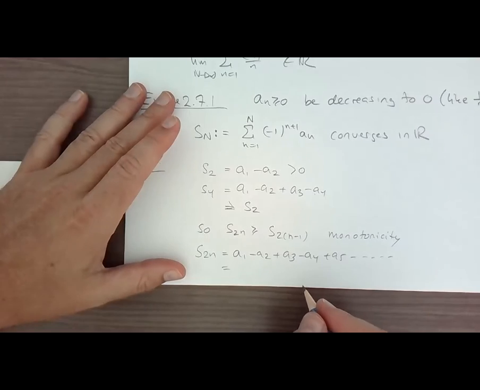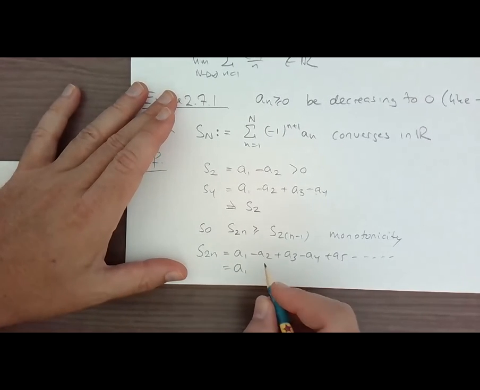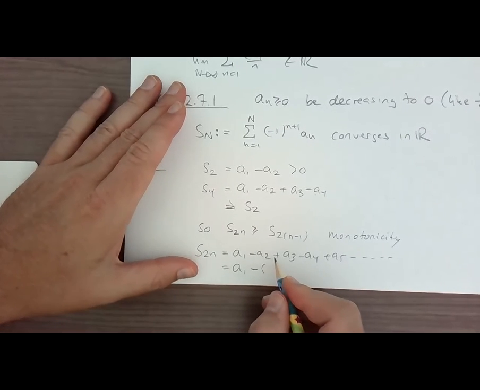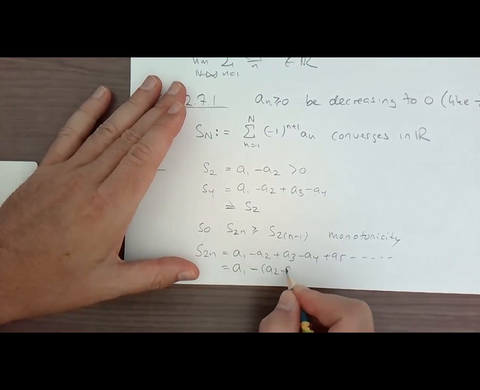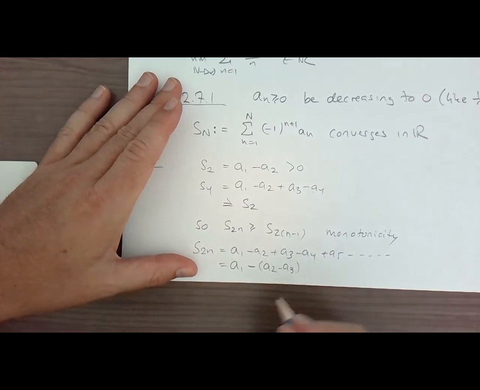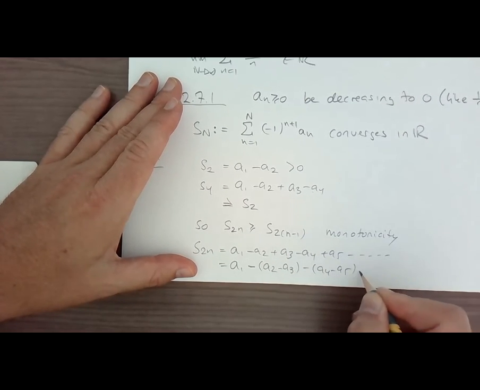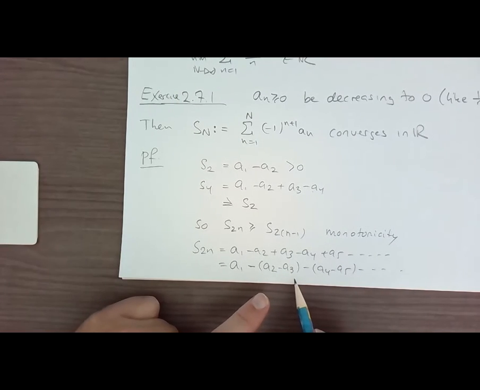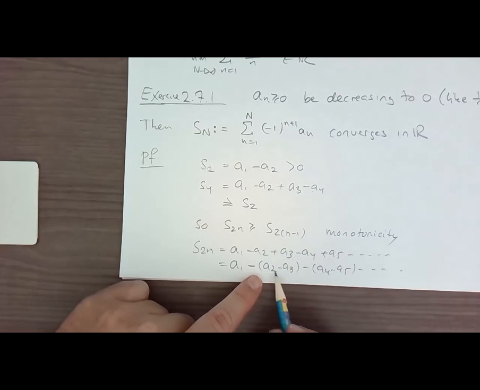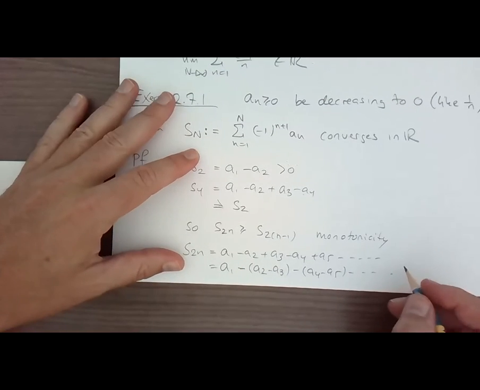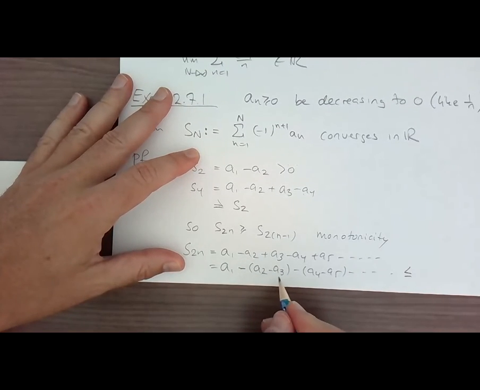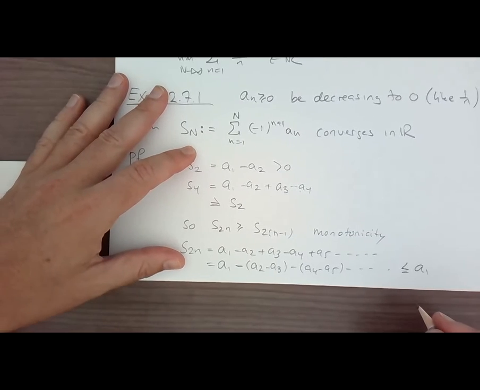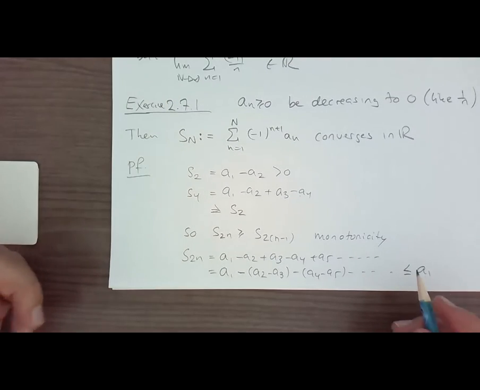And then I can put in parentheses, I can put in here a_1 minus, and then what I'll have here is a_2 minus a_3, minus a_4 minus a_5, minus, and so on. And again, because I have monotonicity, this is positive. Again, this is positive. So there's a minus sign. So all of this, if I throw all these terms away, I'm just going to get something that is bigger. So I do have boundedness.